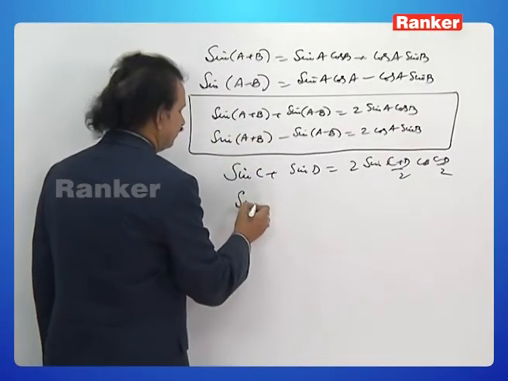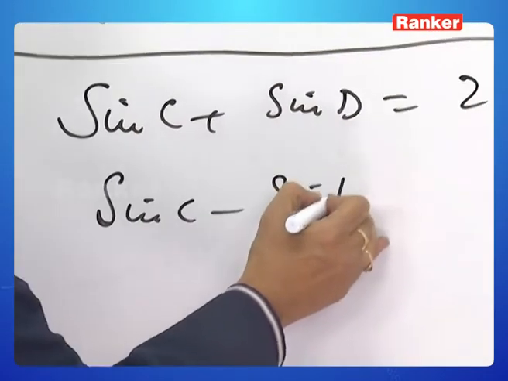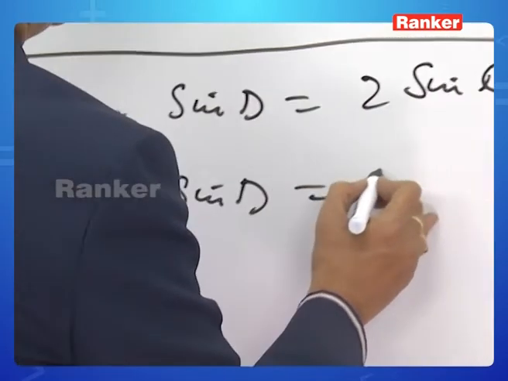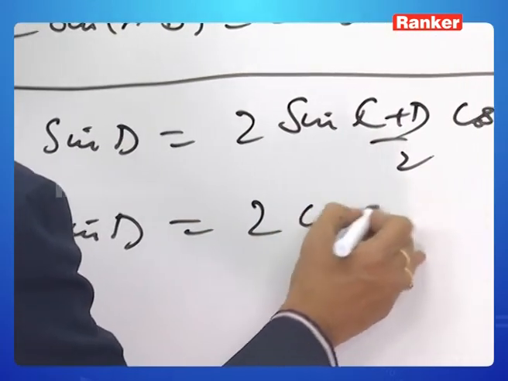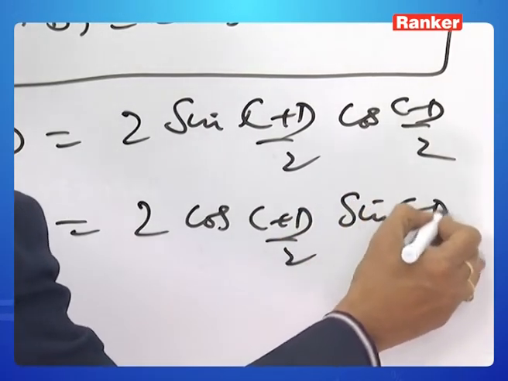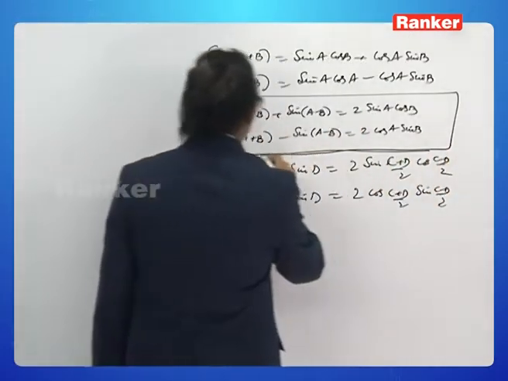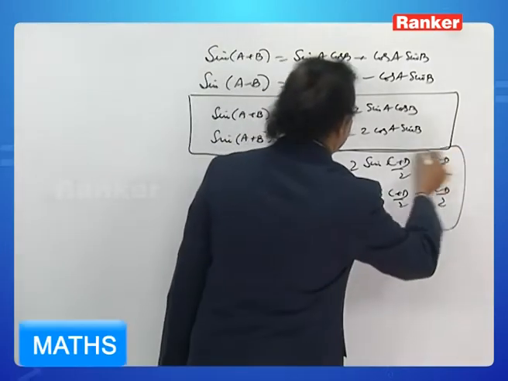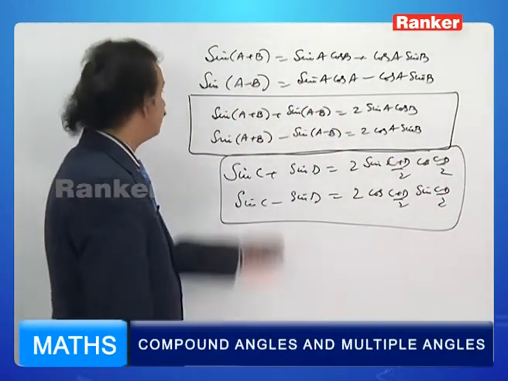Similarly, sine C minus sine D is equal to 2 cos (C plus D) by 2 into sine (C minus D) by 2. These formulae have been obtained from these two.